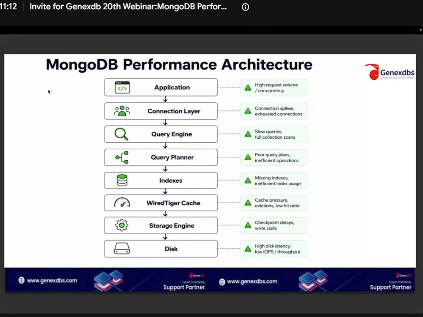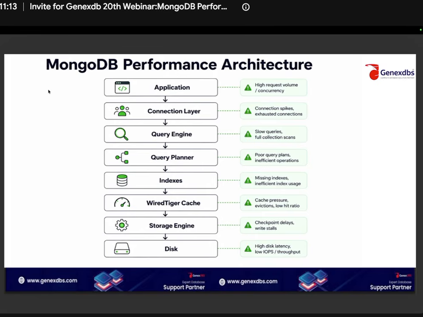Next, the index layer. In this layer, proper indexes help MongoDB examine only the documents which are required. Next, WiredTiger cache. Frequently accessed data is stored in the WiredTiger cache in memory to minimize disk reads. Next, the storage engine layer.